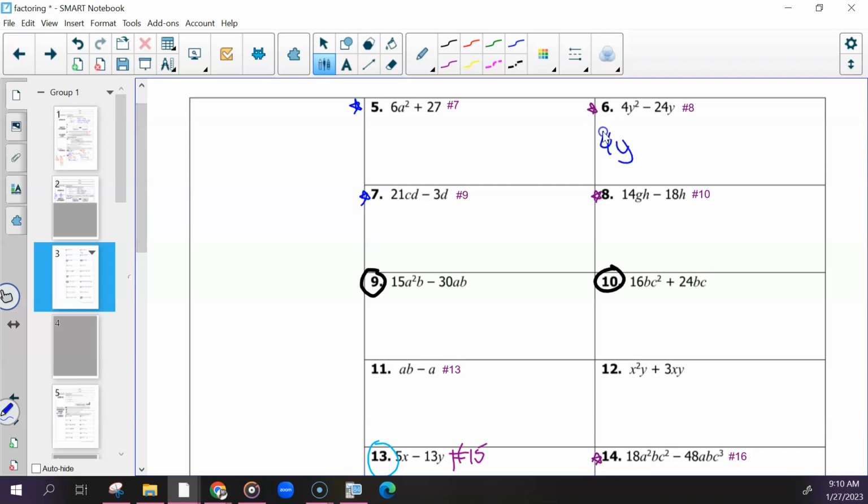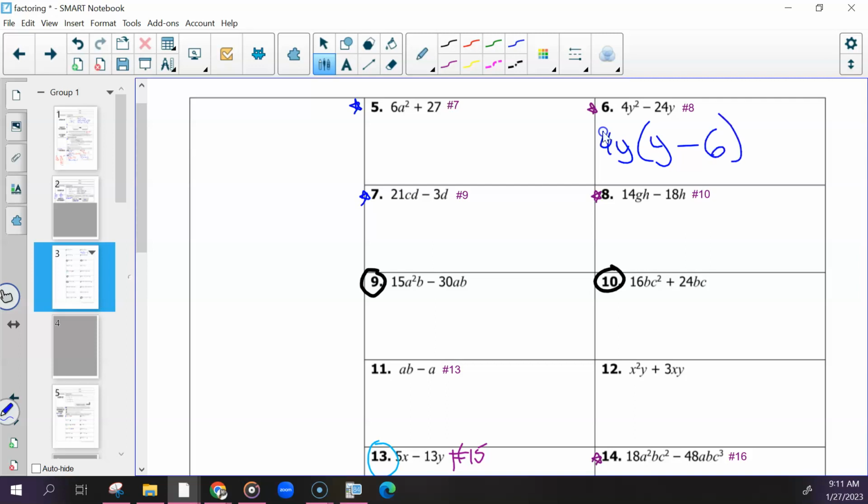So we can only take out 1y because this one doesn't have 2. We can't take 2 out of something that's not there. What would be left? We're dividing. Not y squared because we took one out. Not 8. 6. You guys can use your calculators.